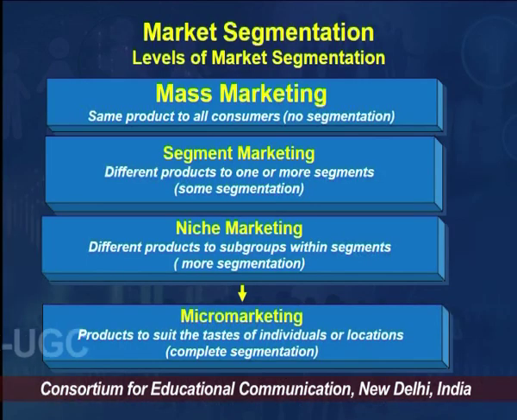But even for market segmentation there are different levels. Suppose I talk about the ultimate level of market segmentation, that is micro marketing. So, between segment marketing and micro marketing there is a term called niche marketing. What is niche marketing? We are offering different products to subgroups within segments.